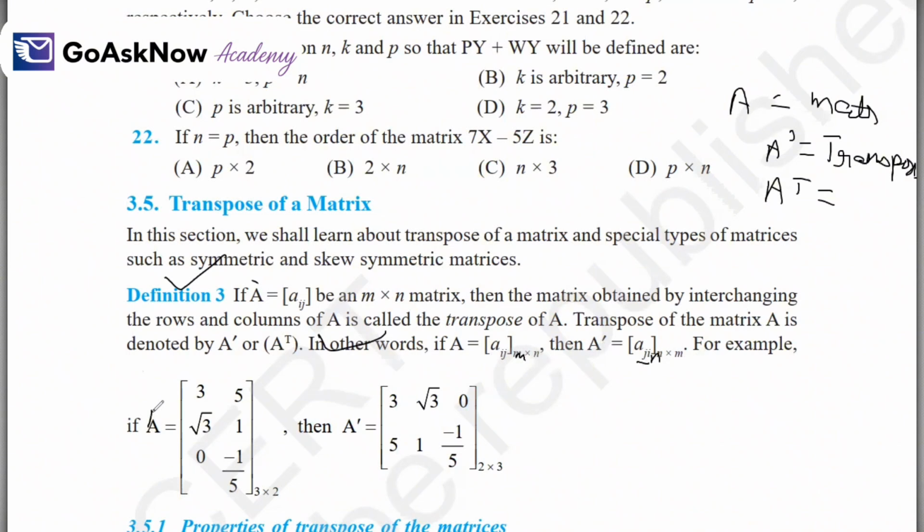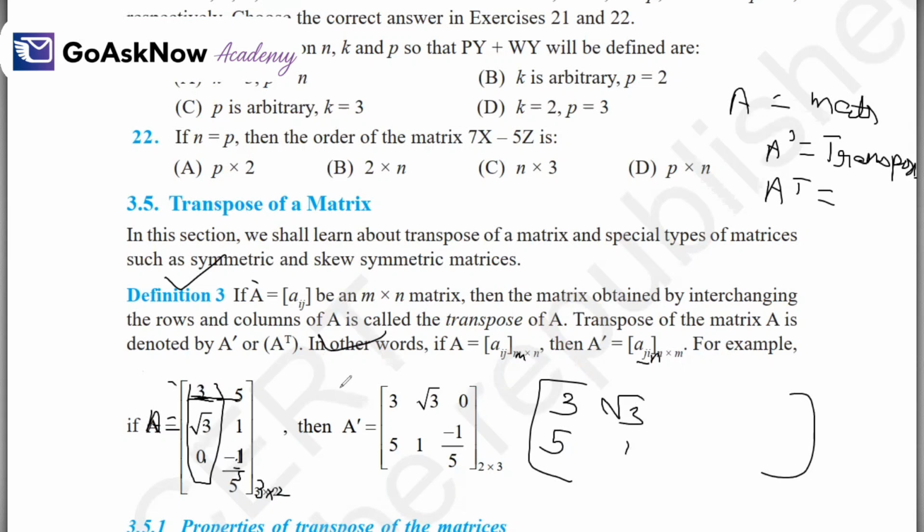For example, if A is the matrix with rows 3, root 3; 0, 5; 1, minus 1 by 5, the order is 3 cross 2, then what will A dash be? The column elements will come into rows, or the rows will come into columns. So 3, root 3 was a row, and it will become a column. 3, 0, 1 is written first, then root 3, 5, minus 1 by 5.